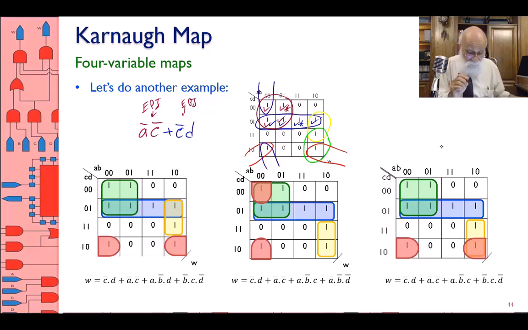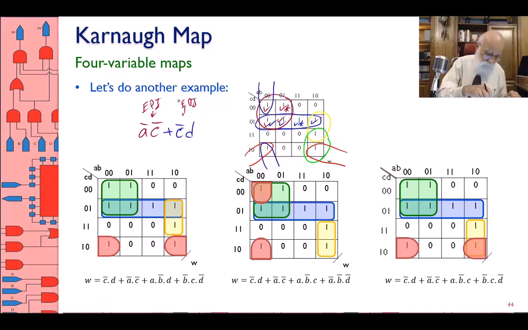I say, let's pick prime implicants that cover the most number of uncovered minterms. 3 of them are there. And I have the red one that covers 2 of the uncovered minterms. I have the green one that covers another 2 of the uncovered minterms.